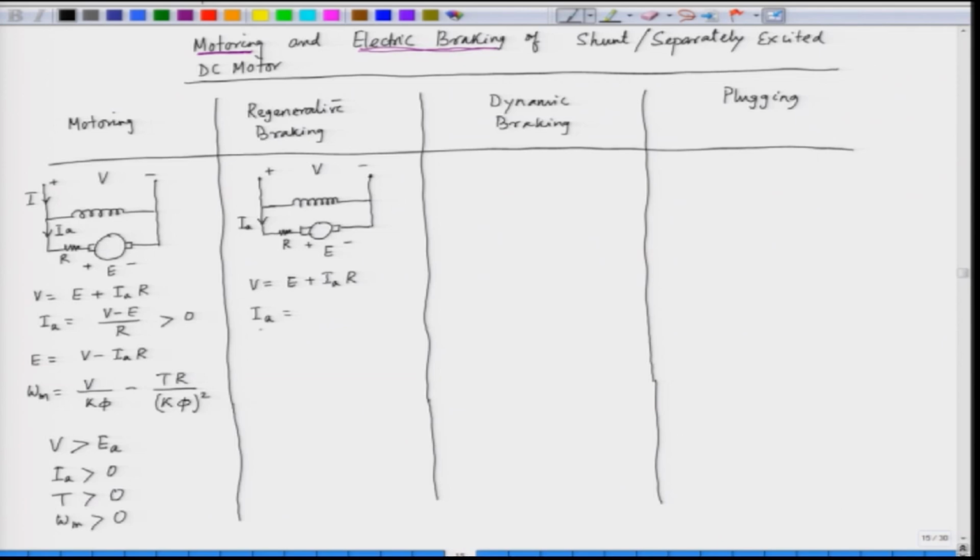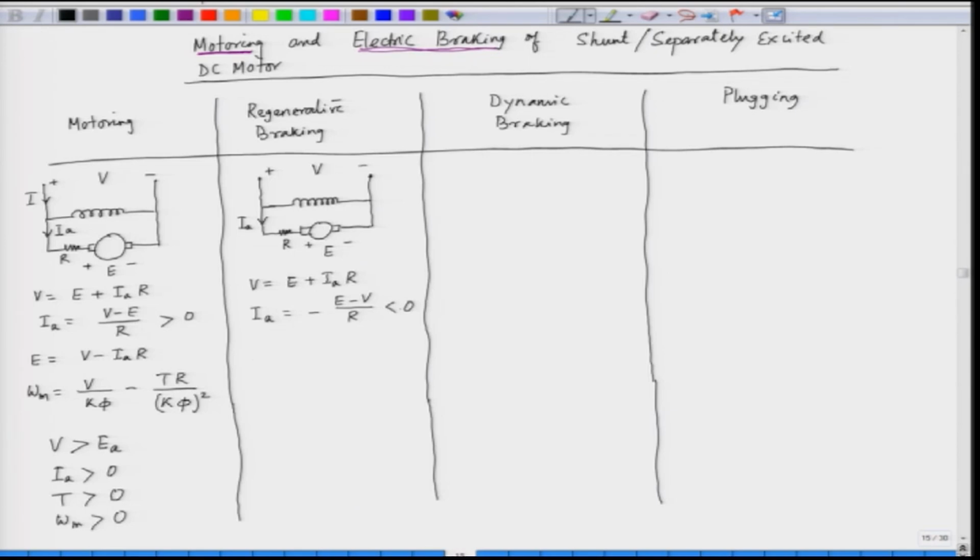I A is equal to minus of (E minus V) by R, and this quantity is negative. So, for regenerative braking the current is negative.